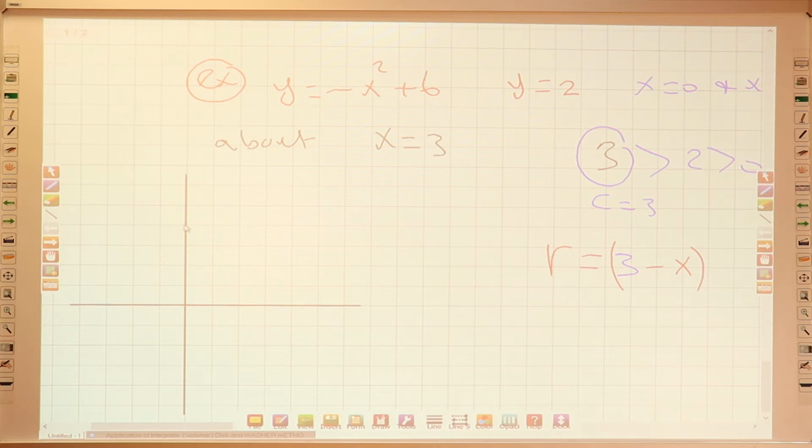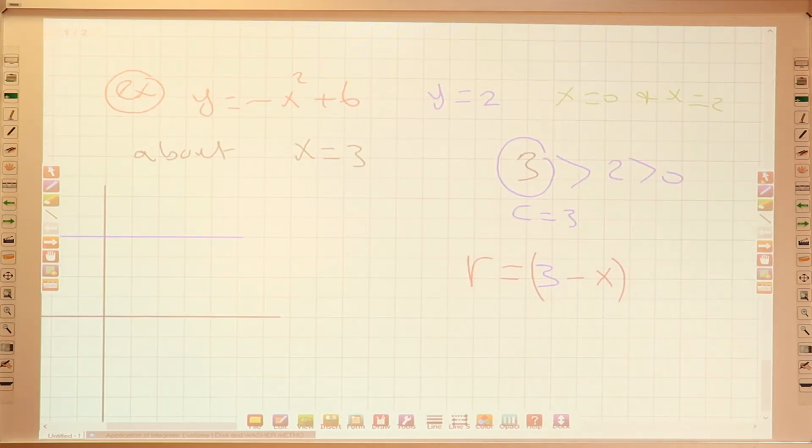Now the lines y equal 2, in blue, and the limits in green.